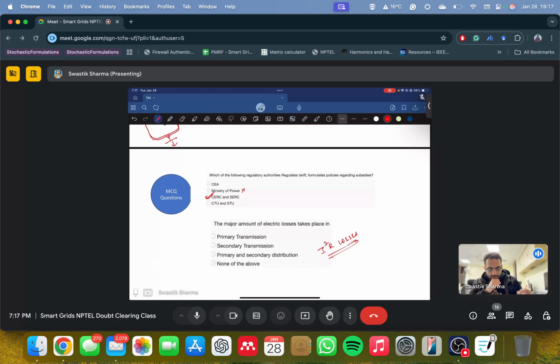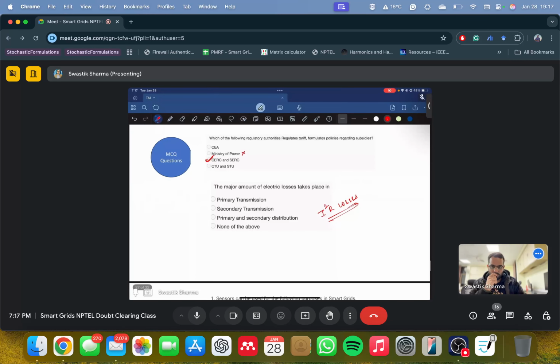I'll tell you why, but if someone knows the correct answer, can just tell me. The major amount of electric loss: if you look at the circuit meter length of the transmission system compared to the distribution system, your distribution systems are very large. And in your distribution system, because the voltage is less, to transmit the same amount of power that was coming from your transmission system, you require a large amount of current.